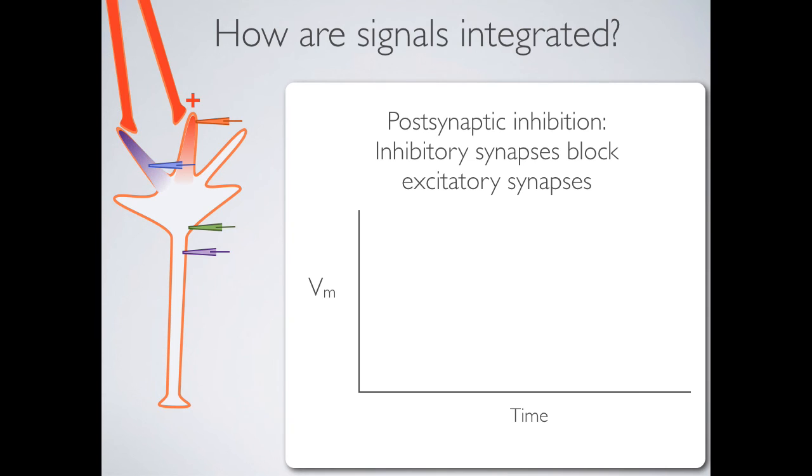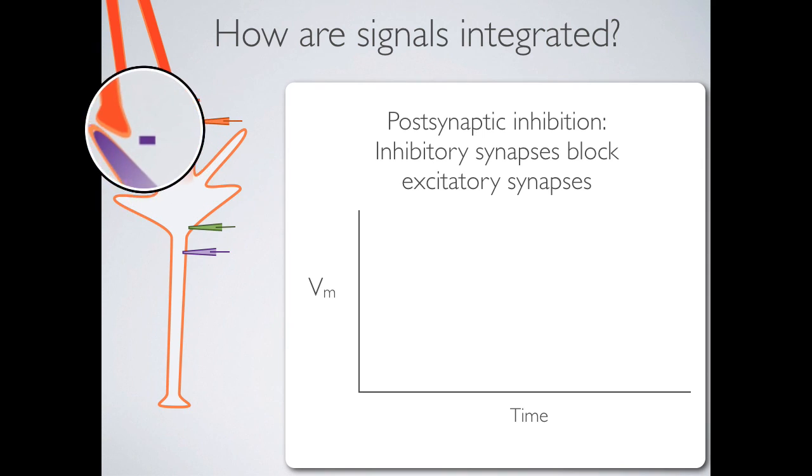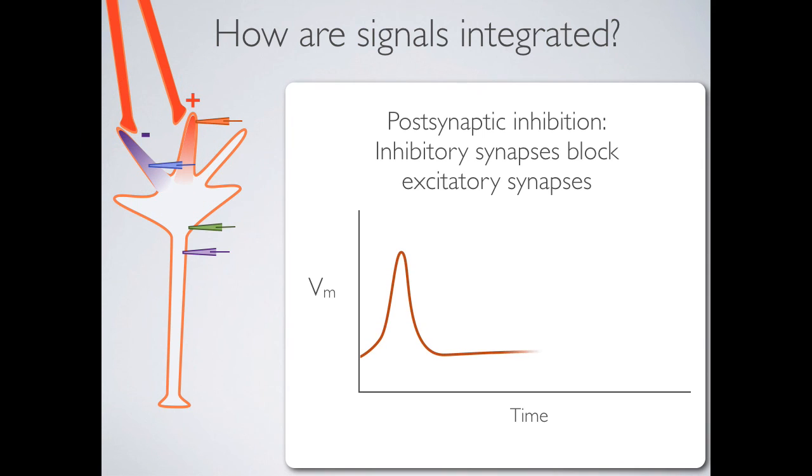So in our example here, we'll have the left dendrite have ligand-gated chloride channels and therefore creating a hyperpolarization, which we'll see in purple here. Whereas in red, we have an excitatory synapse and a depolarization. Now the chloride channels create a hyperpolarization.